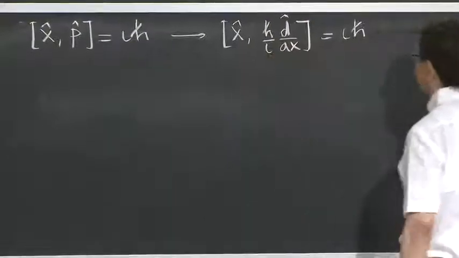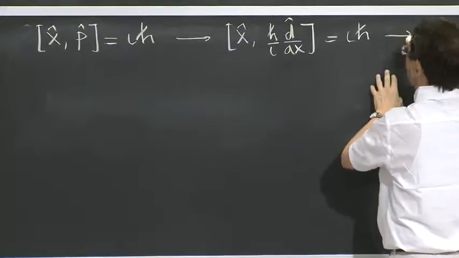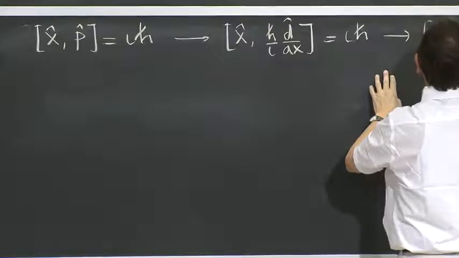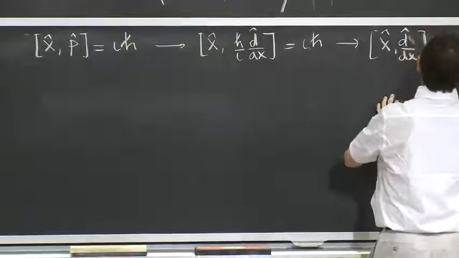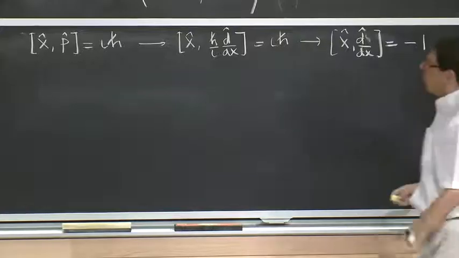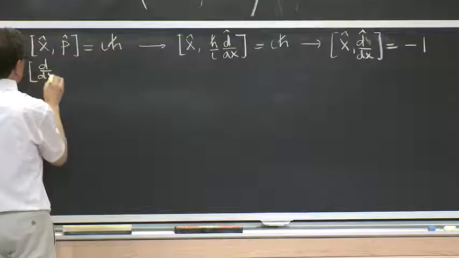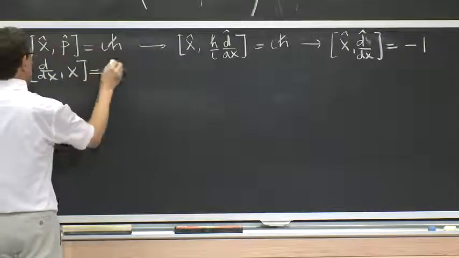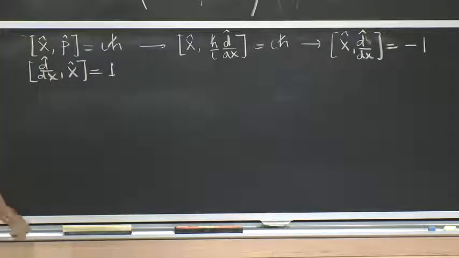The h bar cancels. There's a minus sign from the i's if you multiply. So this gives the commutator of x with d/dx should be equal to -1. And let's change order. So the commutator of d/dx with x should be equal to 1, or the identity operator. So this is the question that we want to ask.